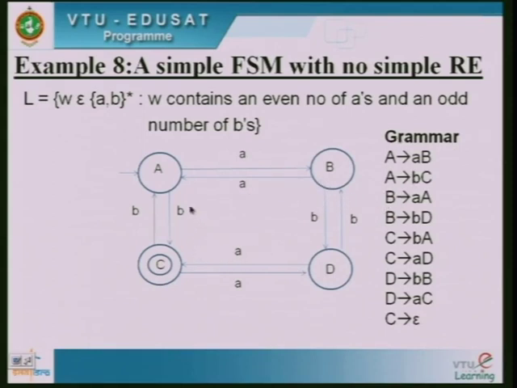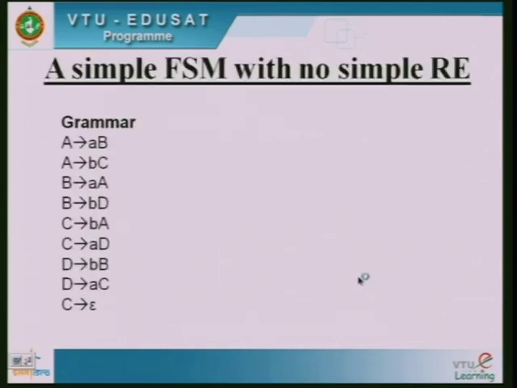Okay. So, an FSM with no simple RE, how to convert it? If you observe here, there are 4 states A, B, C, D. So, you can take A, B, C, D as the non-terminals, and you can start with A derives AB, A derives BC. Like that you can define all the transitions as rules, as previously explained. Okay.